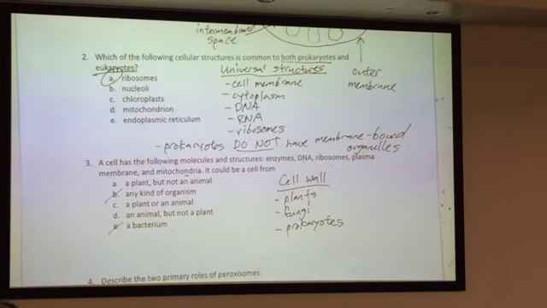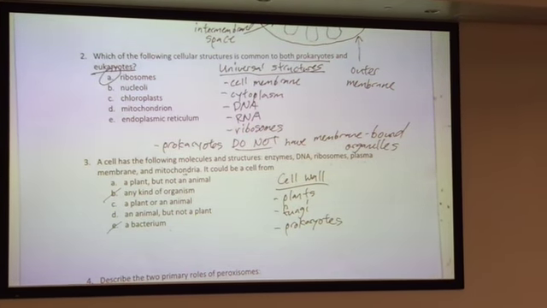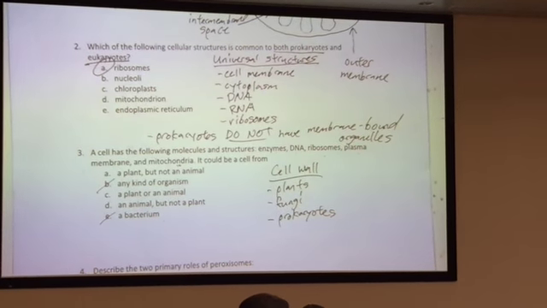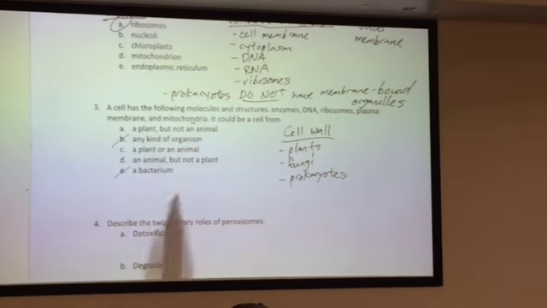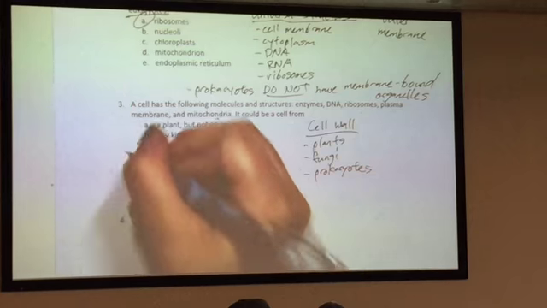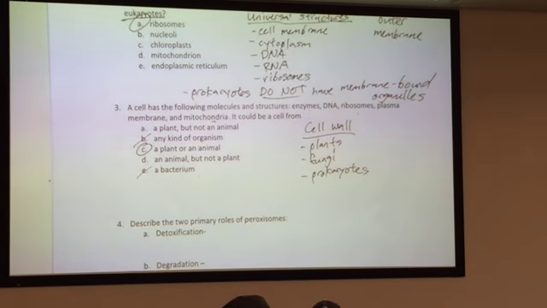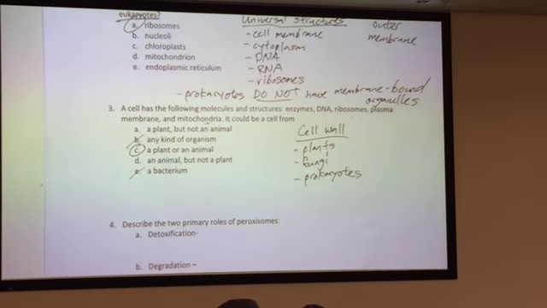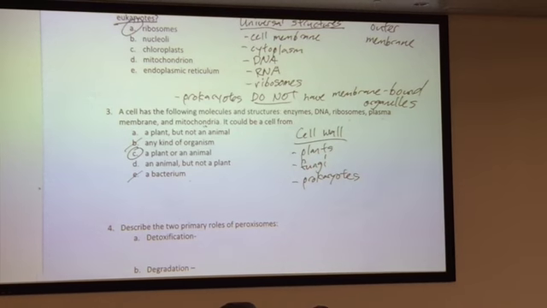So animals are really the main ones that don't have cell walls. But anyway, we could have a little bit more differentiation there. But this answer is going to have to be C, because based on the information given, we don't know if it's plant or animal.